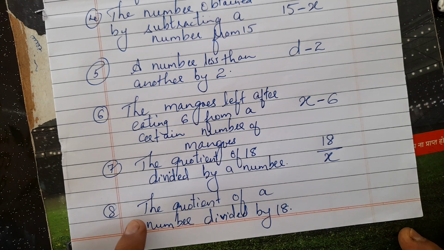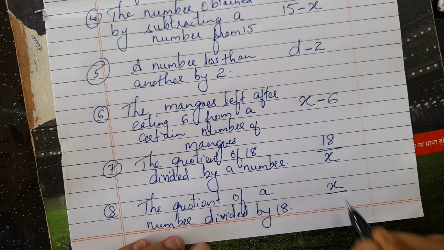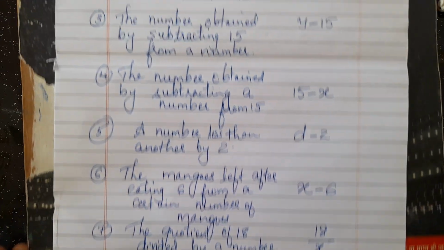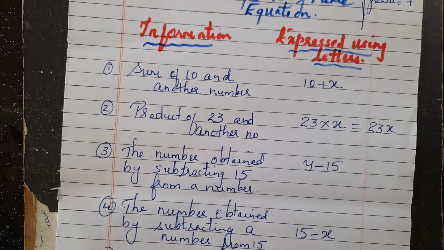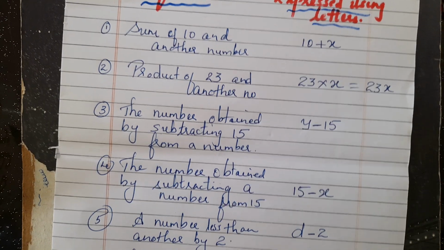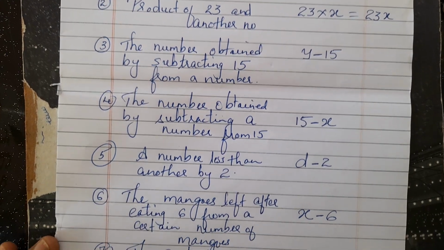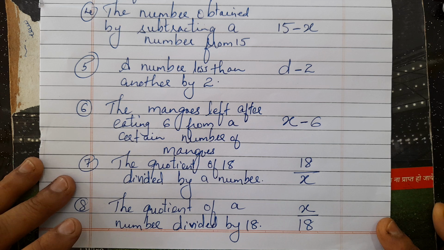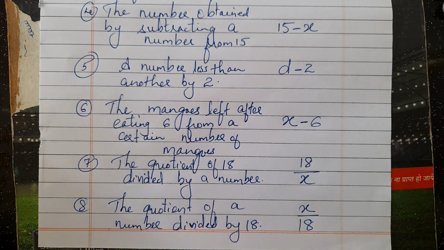See children, we don't know the number, so it is x divided by 18. I am sharing the screen so that you can copy it in your book. So this is the basic thing you should know before we learn to frame the equation.